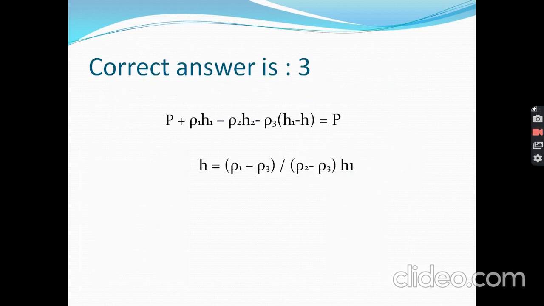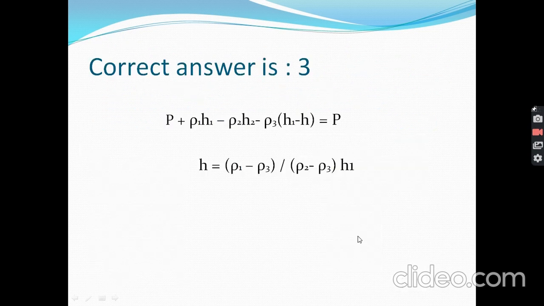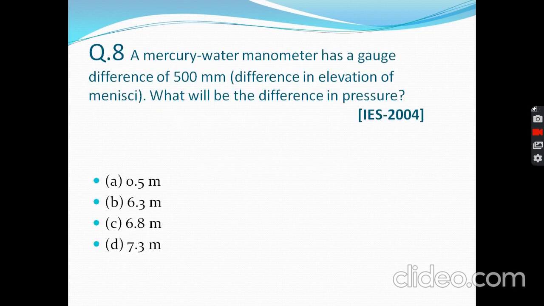So the correct answer is third, rho 1 minus rho 3 upon rho 2 minus rho 3 into H1. We start from the left limb to the right limb. We get P plus rho 1 H1 minus rho 2 H2 minus rho 3 (H1 minus H) is equal to P. So H is equal to rho 1 minus rho 3 by rho 2 minus rho 3 into H1.